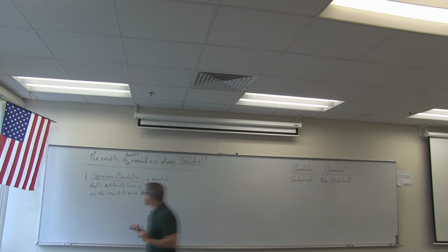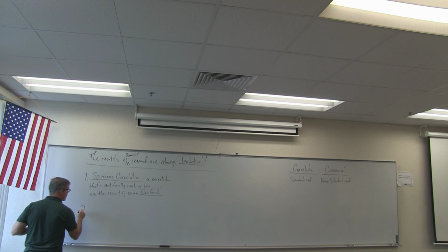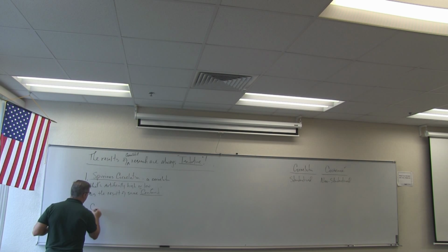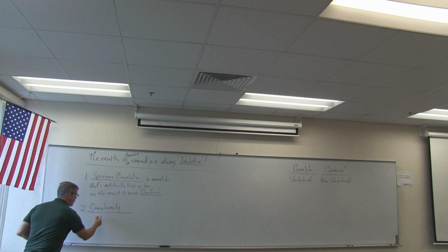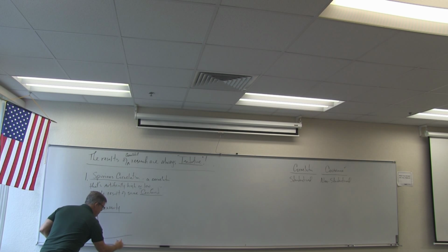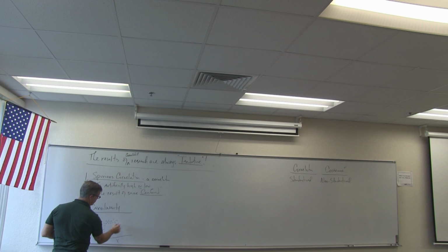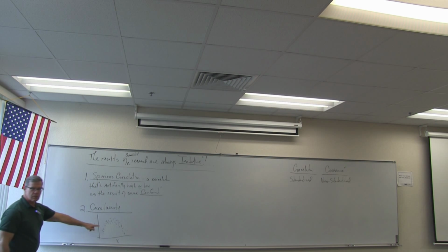Okay. The results of correlational research are always tentative because we may have what we call curvilinearity. If we look at a scatter plot, and that scatter plot looks like this, we have a nonlinear relationship.